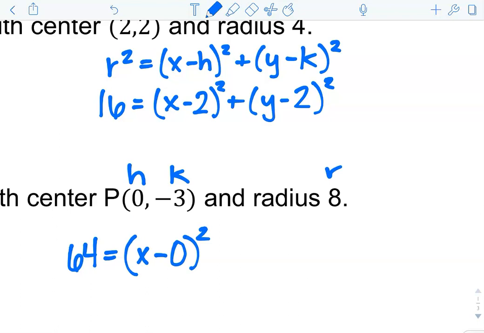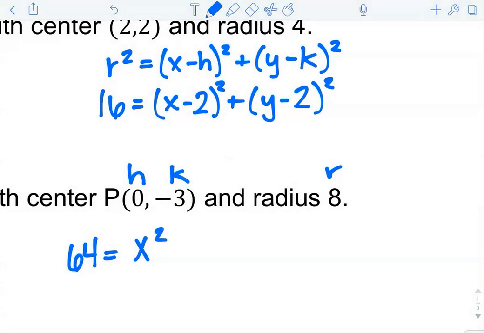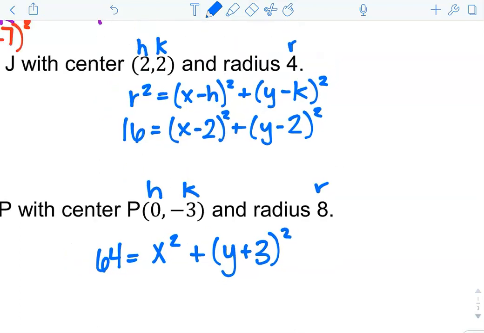But if you think about it, do you really need it to say x minus 0? Because we know x minus 0 is just x. So we can actually simplify that and just have x squared, and then plus y, and if I'm doing minus -3, that's going to become a positive 3 squared.